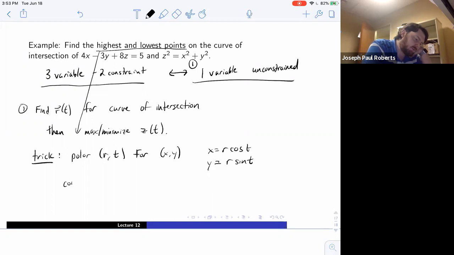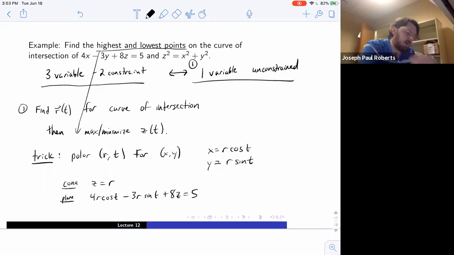I could figure out that the cone equation, the second equation, becomes z is r. And then the plane ends up being 4r cosine t minus 3r sine t plus 8z equals 5.